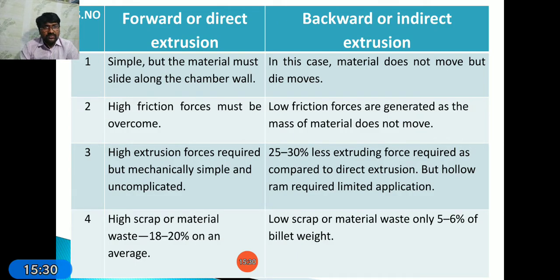In backward, 25 to 30% less extruding force is required compared to direct extrusion, but a hollow ram is required, giving limited application. High scrap or material waste in forward, that is 18 to 20% on average, but in backward, low scrap, that is 5 to 6%. Very little scrap occurs in the backward process.